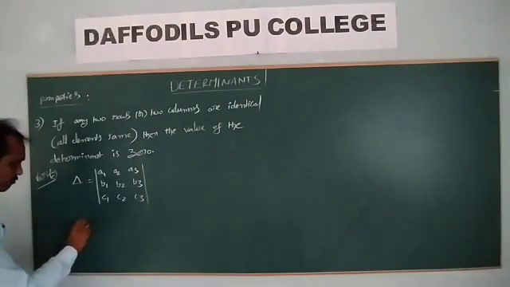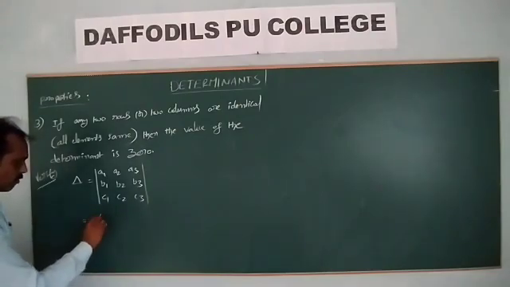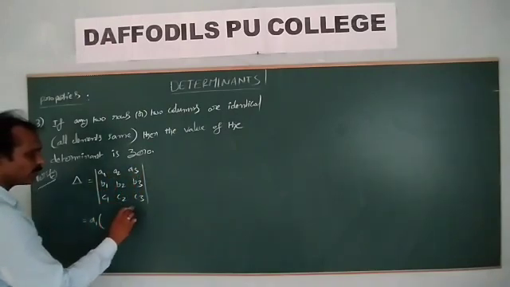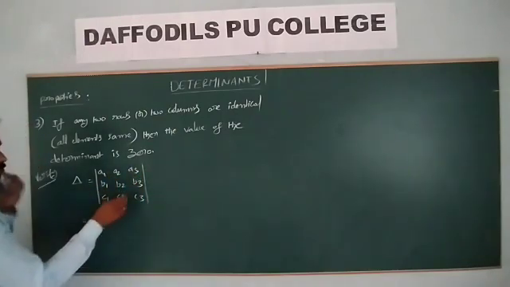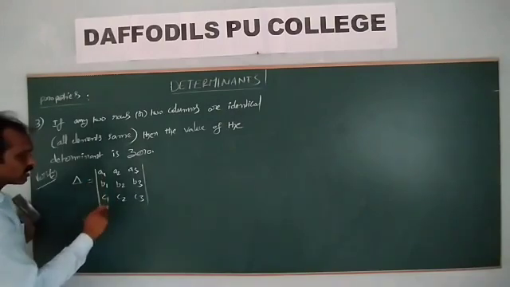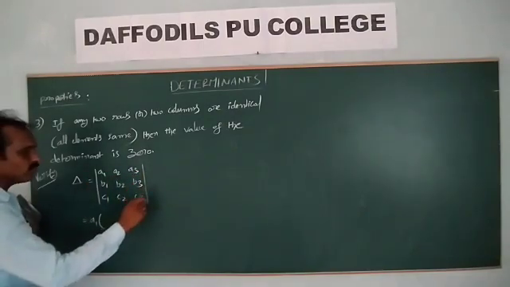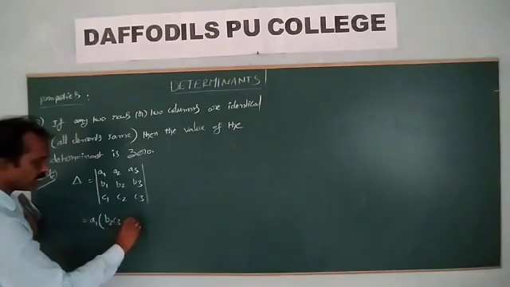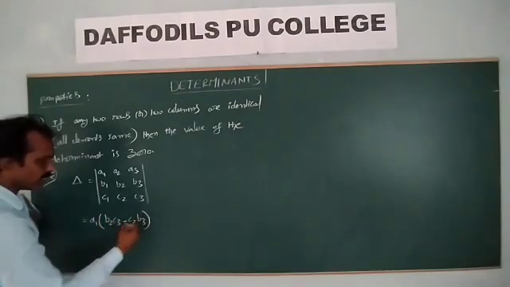Take the determinant. A1 of deleting this column and this row, the remaining values: B2 C3 minus C2 B3.